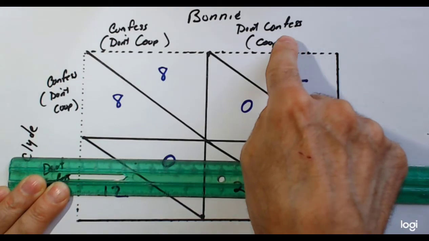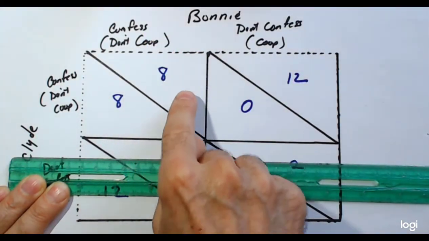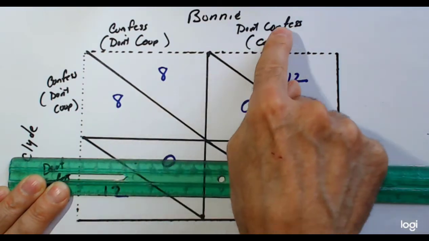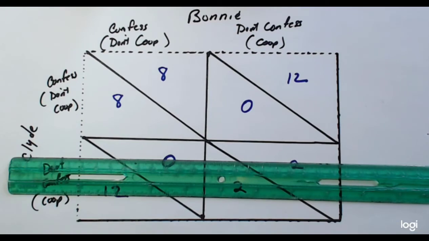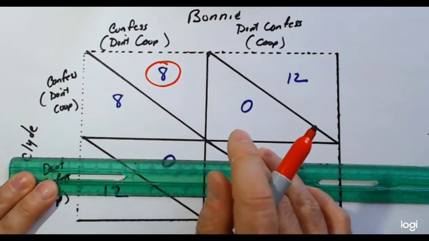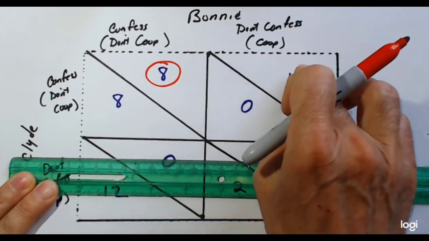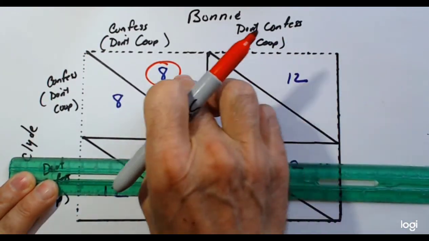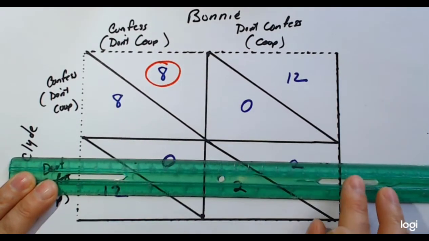So if Bonnie confesses, she'll get 8 years. If she doesn't confess, she'll get 12 years. So what's the better of the two outcomes? The better of the two outcomes is Bonnie should confess, because if Clyde confesses, she's better off out of these two scenarios. So she's looking at these two scenarios and goes with the lighter sentence.